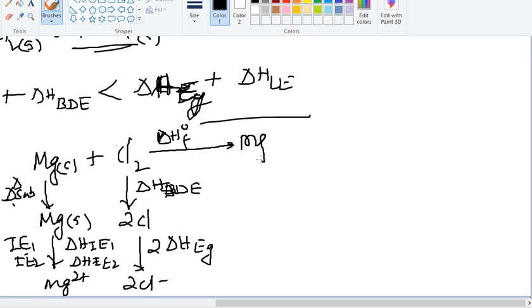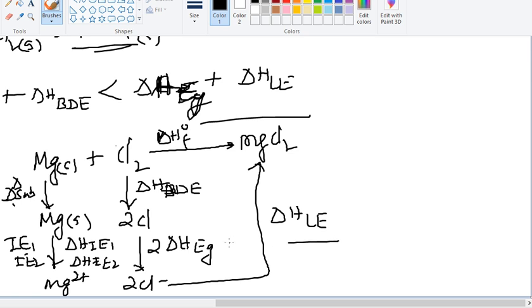Here the compound will be MgCl2, and when lattice energy is evolved, the compound will be MgCl2.